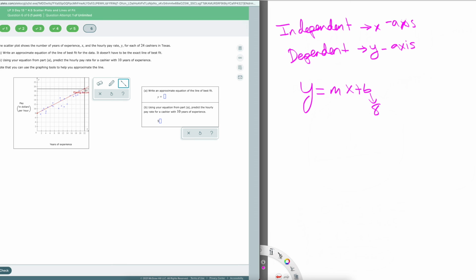All right, let's see. Now that I've changed a little bit, I think that's still a little skewed. I wonder if I can zoom in here at all.